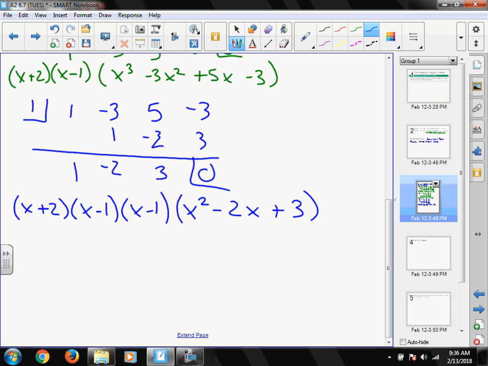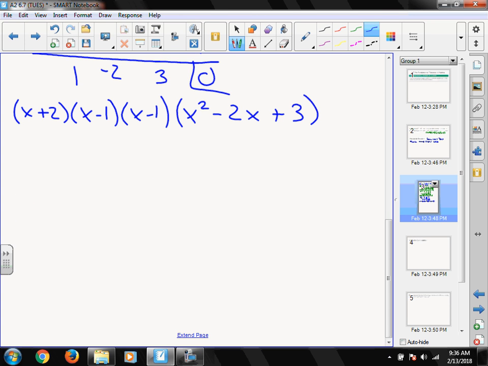So can I factor this? x minus 1, x minus 2, does 1 and 2 multiply to 3? No. So, good try. So, since I can't factor this, what do I have to use? You go outside the inside, inside the outside.